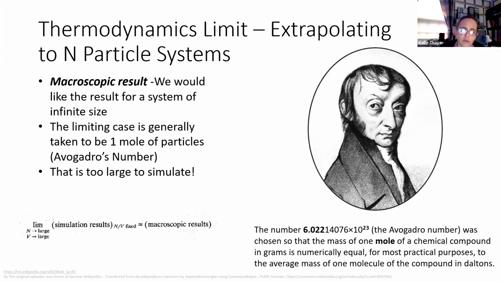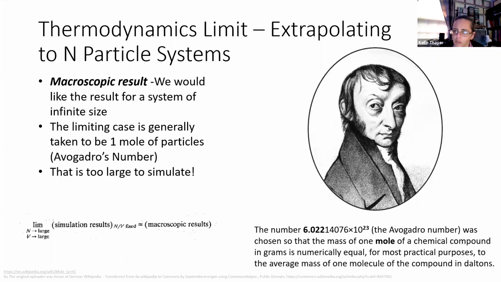So what we can do is study the limiting case, and generally that's taken to be as we go to 1 mole of particles, which is Avogadro's number. And that is too large to actually simulate, so oftentimes we try to get information about as large of a system as we can practically study, and from there we are going to extrapolate to the larger system. So incidentally, Avogadro's number is 6.022 times 10 to the 23rd, which you might recall from your Gen Chem class.